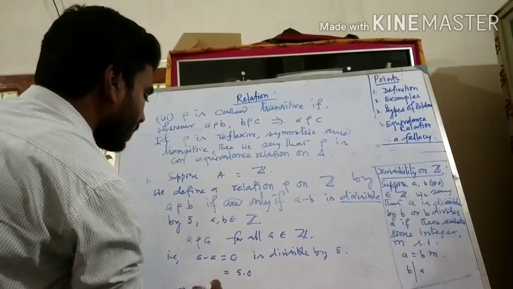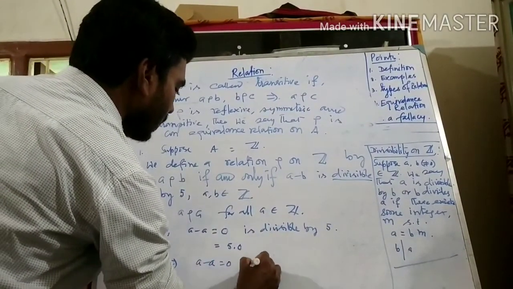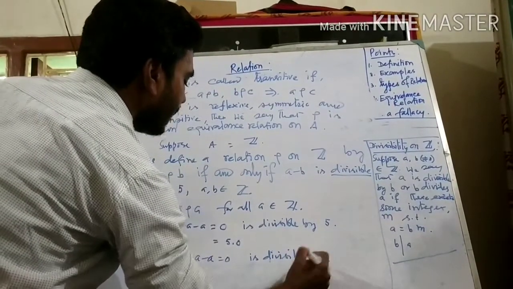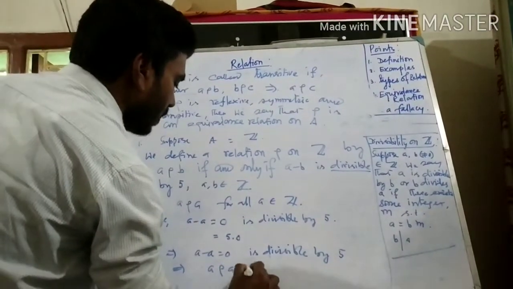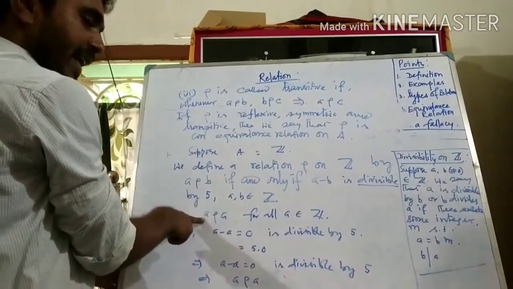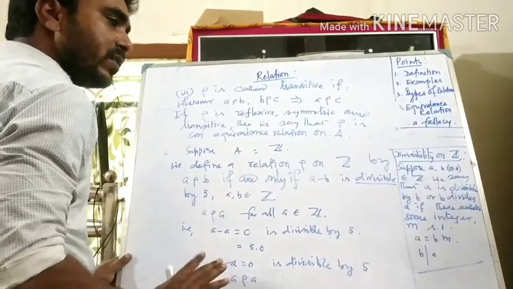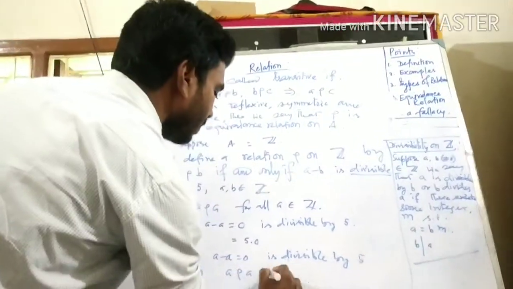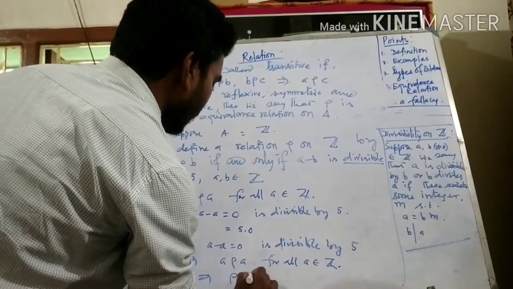So A minus A equals 0 is divisible by 5, which means A is related to A. Since A is an arbitrary element in Z, this will happen for any A belongs to Z. So this implies rho is reflexive.